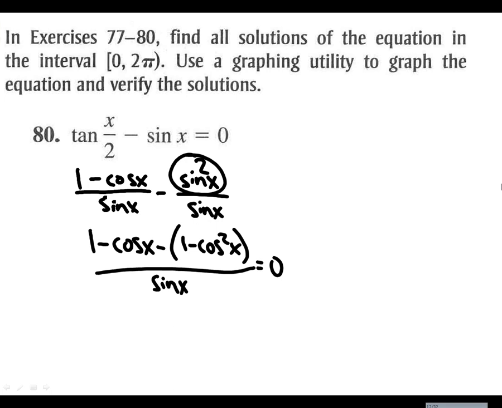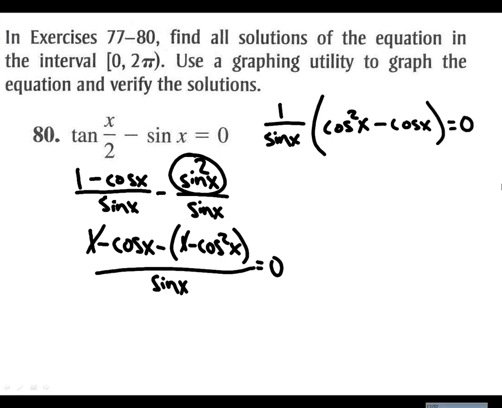All right, if I look at this, sine in the denominator, I'm going to pull that out front. I'm going to split this up into two pieces here. And I'm going to rewrite this as positive cosine squared. 1 and 1 cancel, and minus cosine x equals 0. I'm going to pull out a cosine.